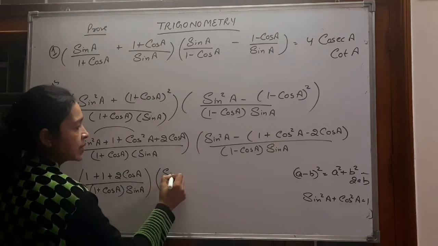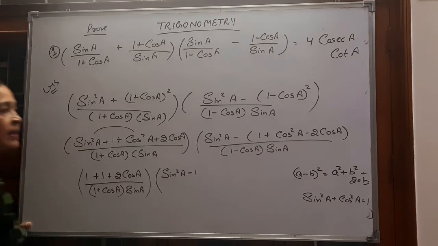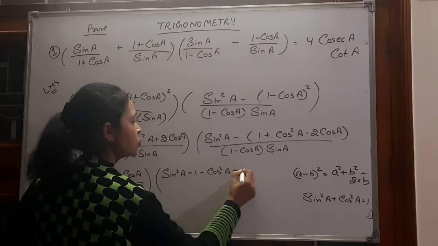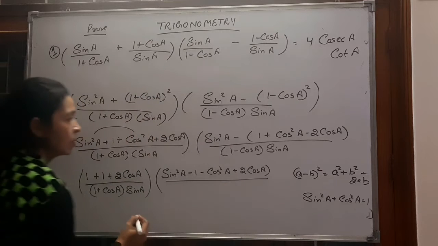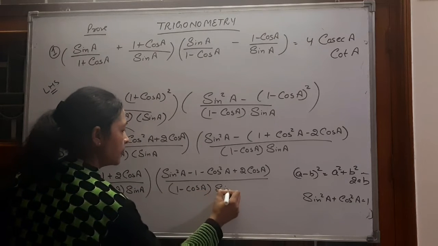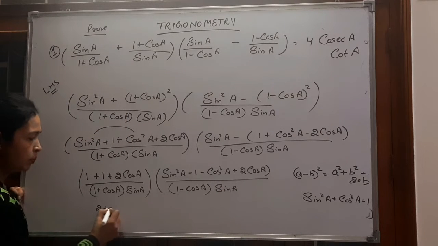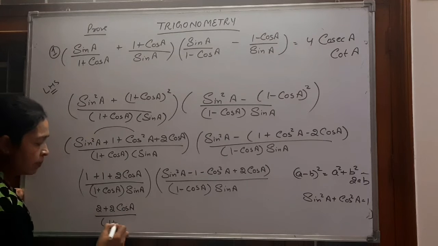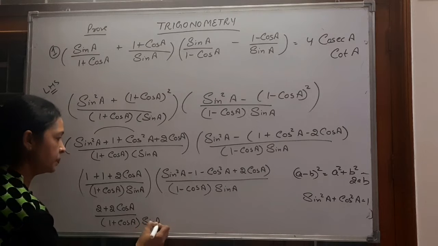Here we have sin square A minus 1, minus sign outside the bracket, so the signs inside will change: minus cos square A plus 2 cos A upon 1 minus cos A into sin A. 1 plus 1, 2 plus 2 cos A upon 1 plus cos A into sin A.